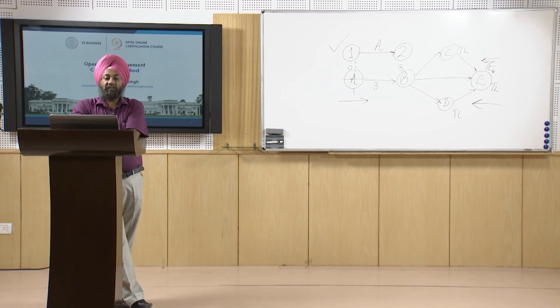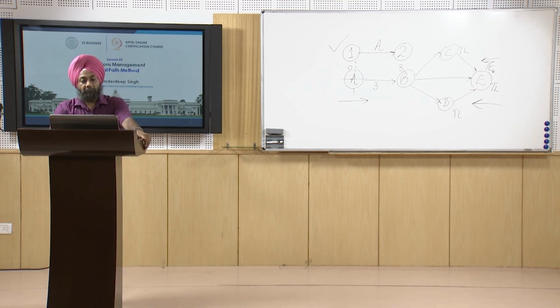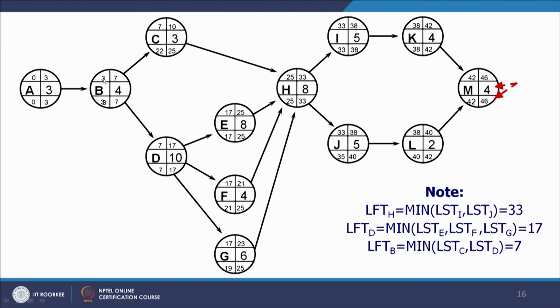So the first activity is A, then B. We can see early start, early finish, late start, late finish. Early start minus early finish, there is no gap. Late start minus late finish, no gap. So A, similarly for B.